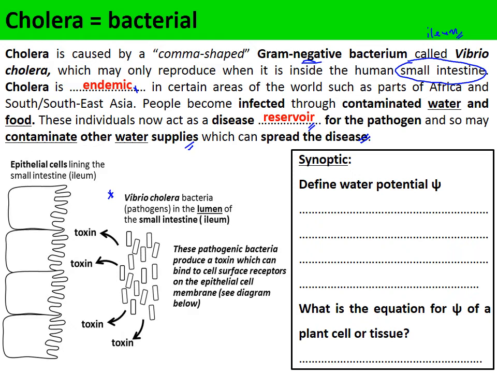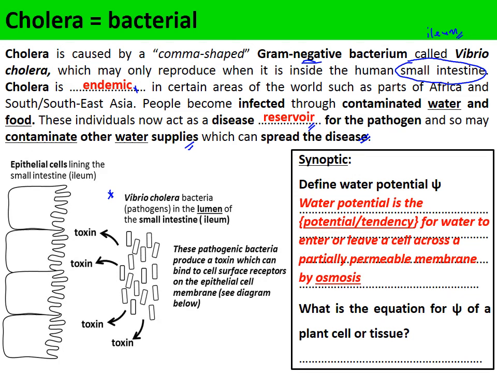So how do we define water potential? Because we're about to talk about how watery diarrhea is formed, and it involves water potential ideas. Now, water potential is quite simply the potential or the tendency for water to enter or leave a cell across a partially permeable membrane by osmosis.